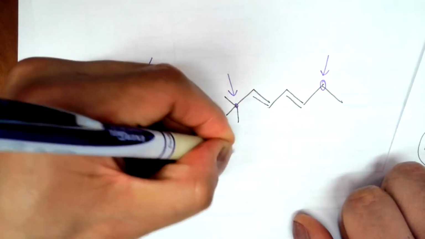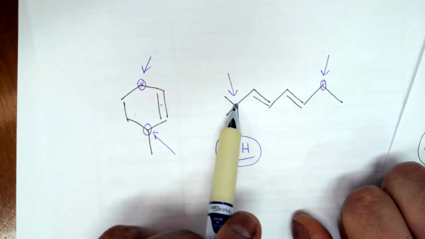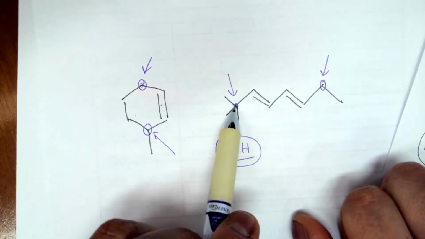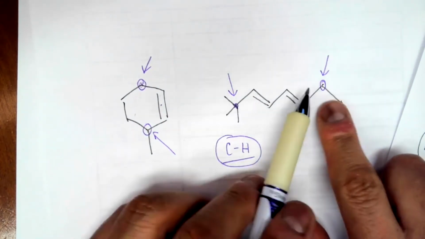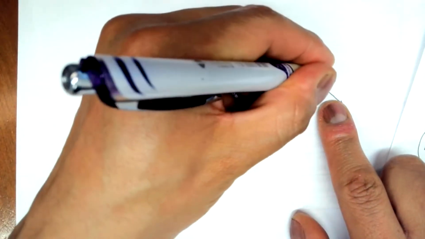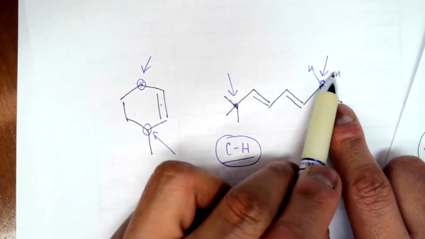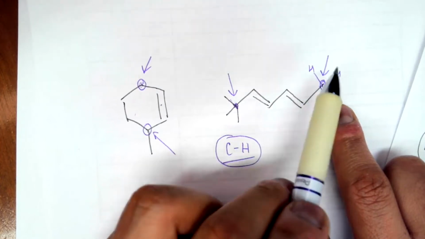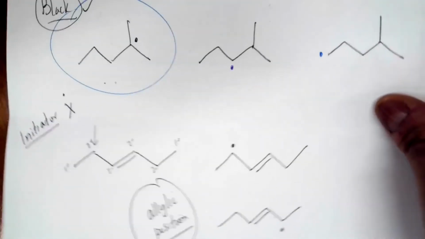Why? Because we say that you always want to break C-Hs. And this particular carbon does not have C-Hs. It's all carbon, carbon, carbon. This one has Hs. So the radical reactivity is way higher here because the C-Hs are the weakest bonds that you can break.